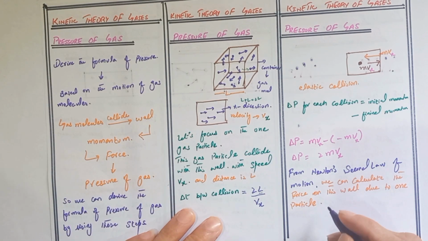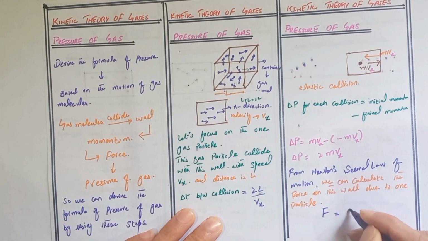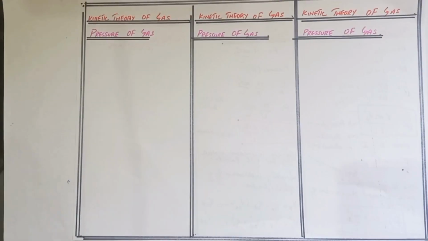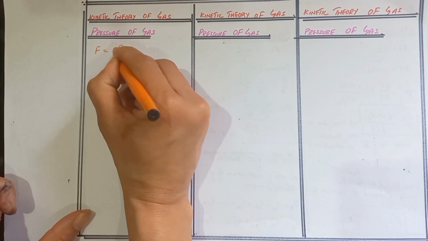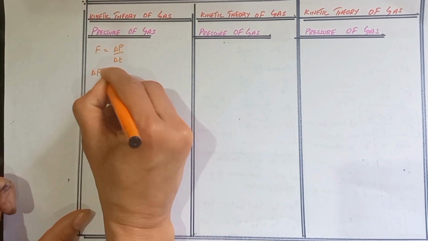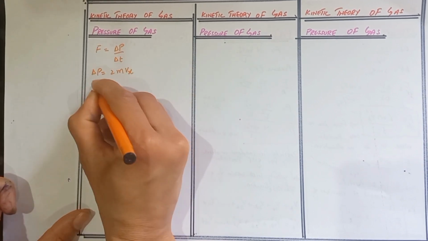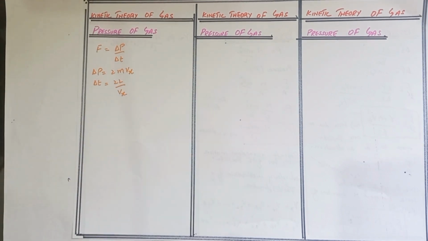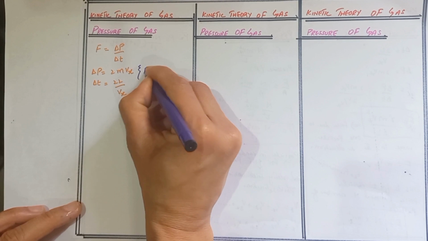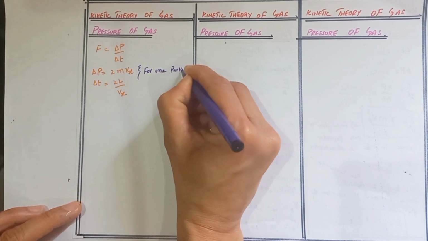So from the second law of motion, force is equal to change in momentum over time t. So here we calculate the force for one particle, that is the change in momentum over time t. The change in momentum is 2m vx, and time t is 2L over vx. So here for one particle we calculate the force.